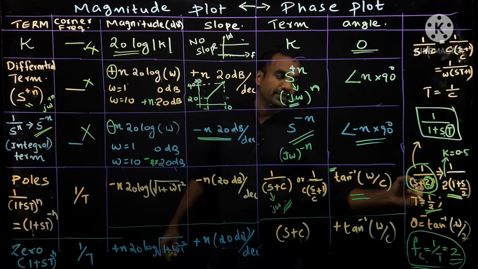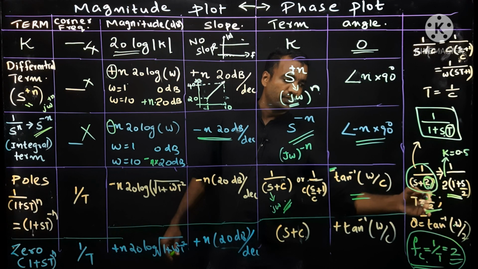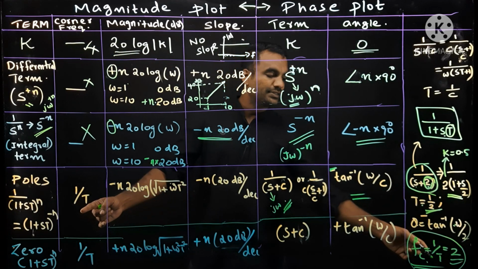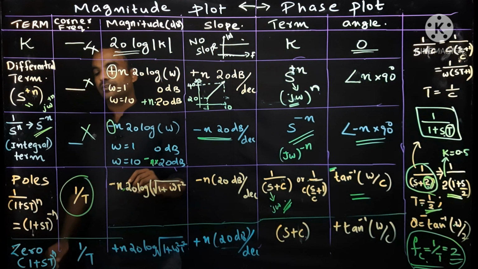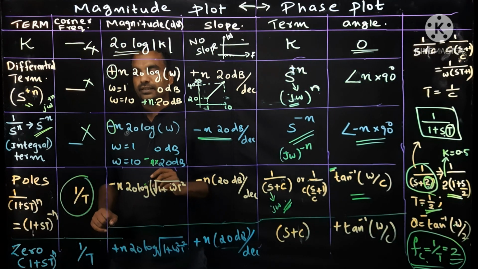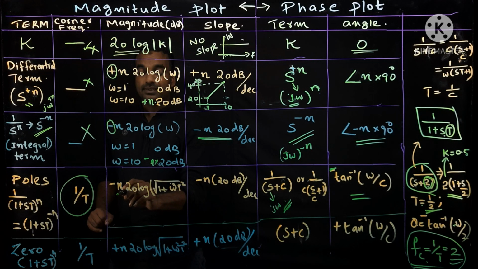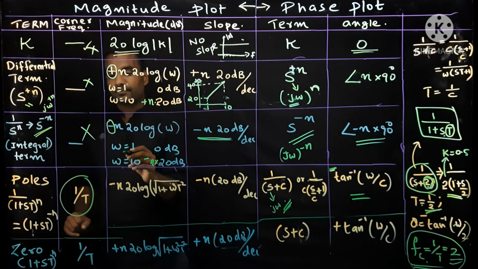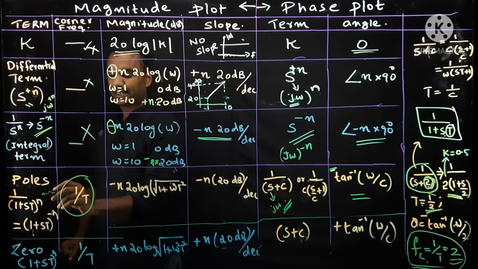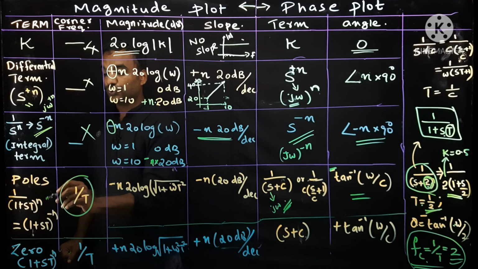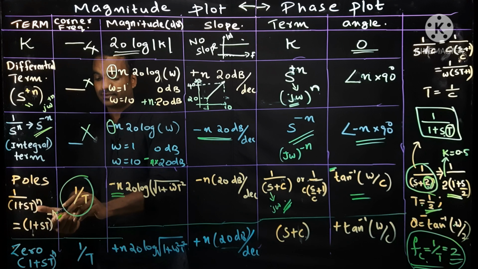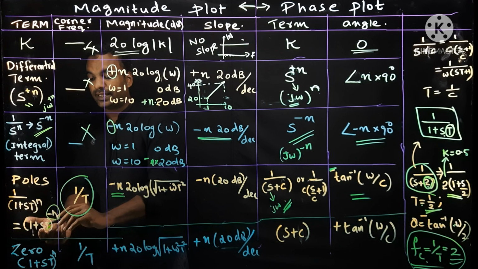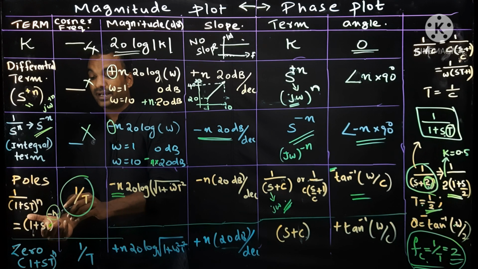It may be 1 plus 2s initially, but after standardizing you will get 1 by 2 into 1 plus s by 2, where T is equal to 1 by 2, and the corner frequency is 1 by that time period, 2. So generally the corner frequency will be 1 by time period T, and its slope magnitude will be the same as the previous case. As it is plus n, 1 by s plus 2 raised to 3, you have to take that initially. As it is in the denominator, while taking it into the numerator we have to write minus n.